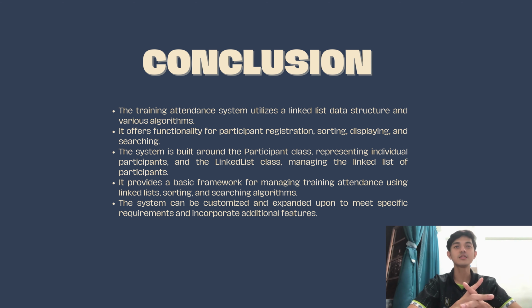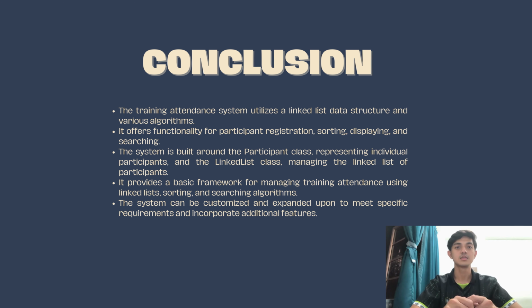In conclusion, the training attendance system described in the documentation utilizes a linked list data structure and various algorithms to provide functionality such as participant registration, sorting, displaying, and searching. The system is designed around the participant class, which represents an individual participant, and the linked list class, which manages the linked list of participants.